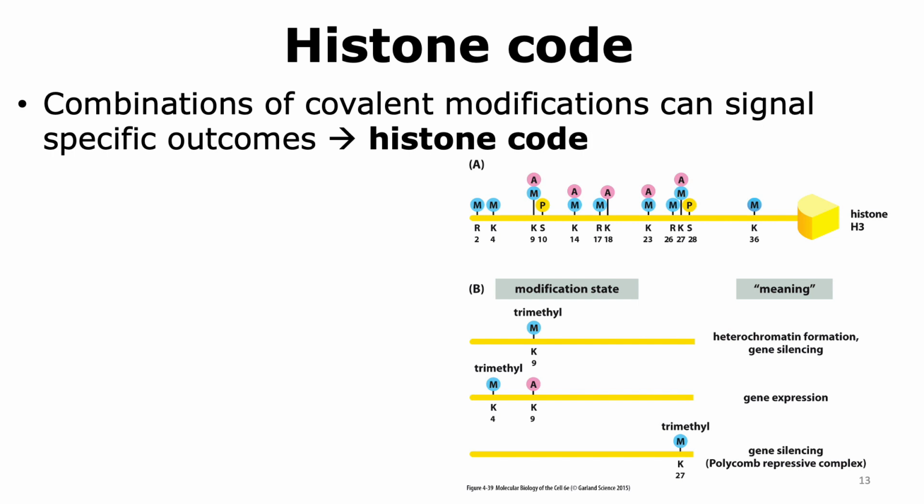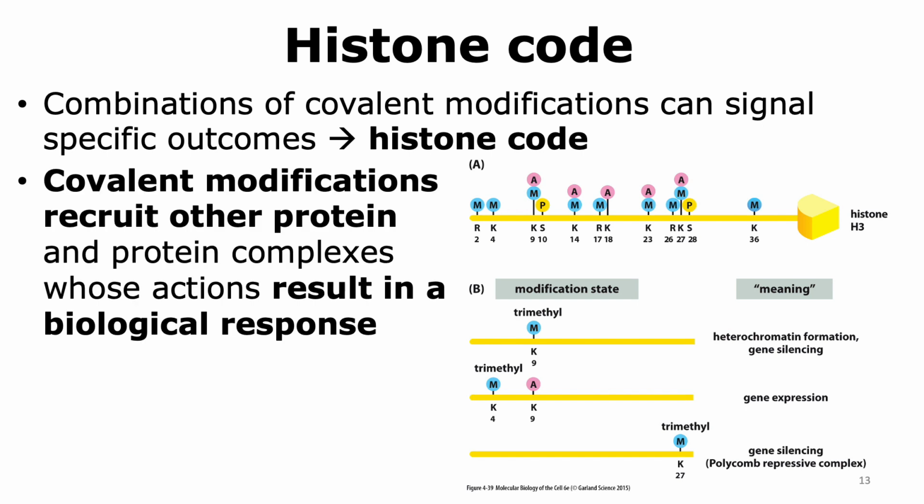However, if there are 3 methyl groups on lysine 4 and 1 acetyl group on lysine 9, as shown in the middle figure of the B panel, it is associated with gene expression. Finally, the last one shows that if there are 3 methyl groups on the lysine 27 of histone H3, it is associated with gene silencing.